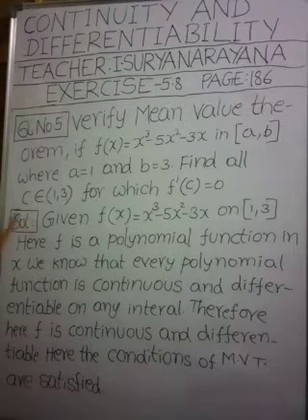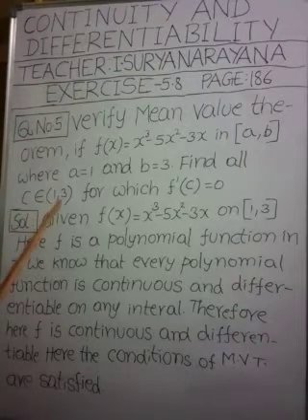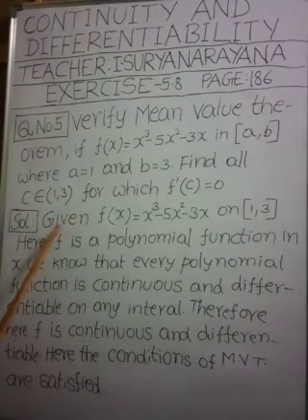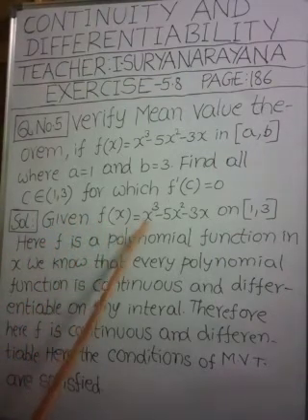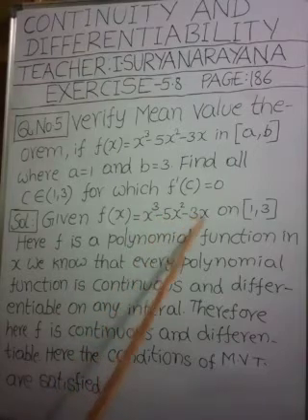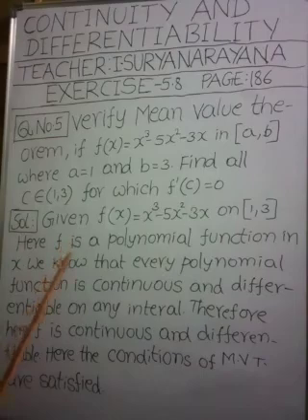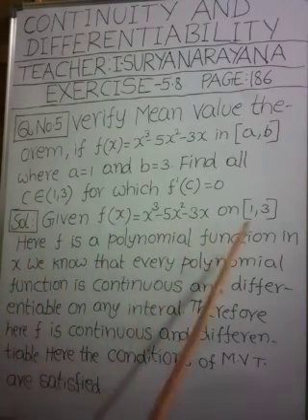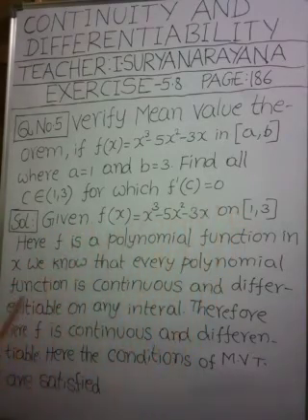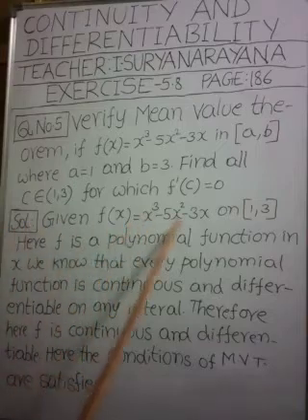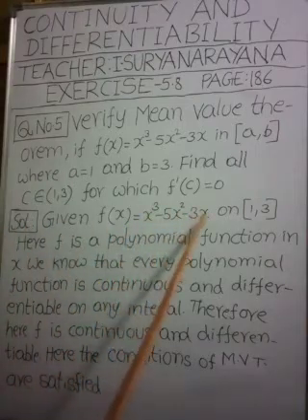Now come to the solution part. What is the given function f(x)? So, given f(x) is equal to x cube minus 5x square minus 3x on the interval [1, 3]. Okay, my children, understood this sentence? Right. If you observe this given function, it is a polynomial function.